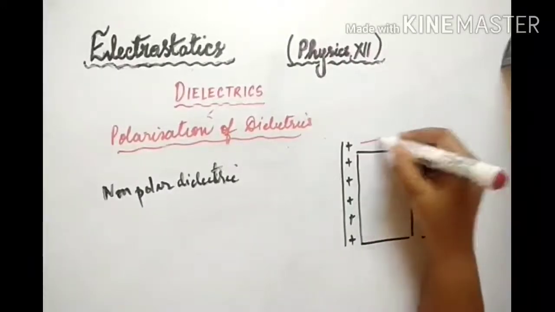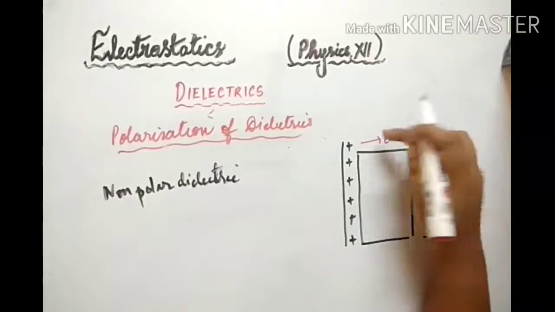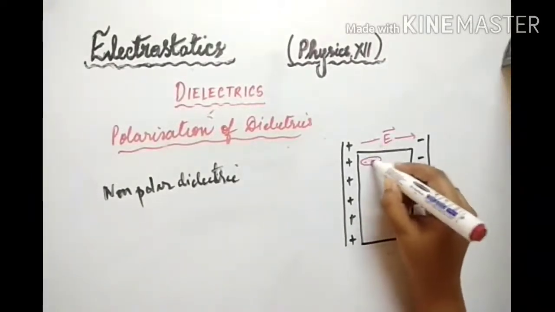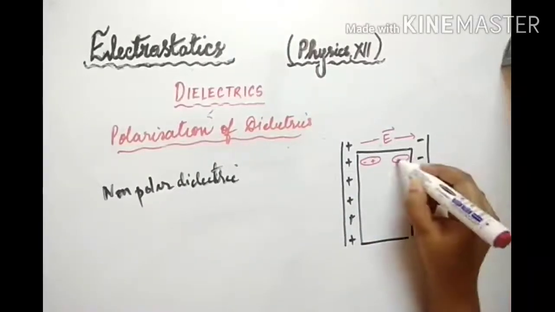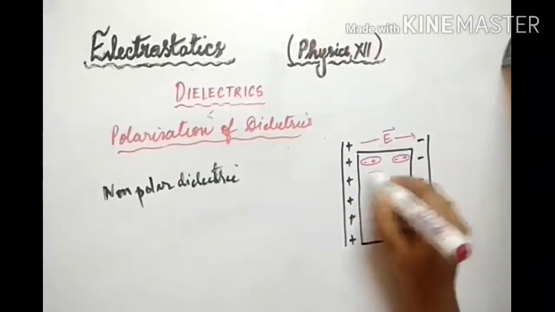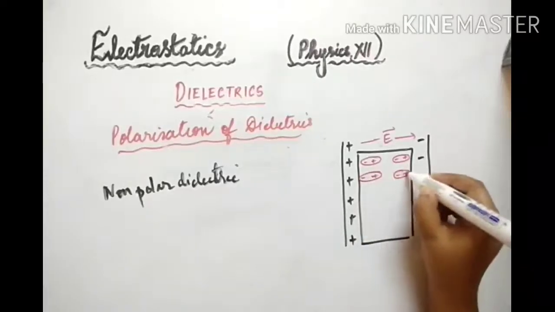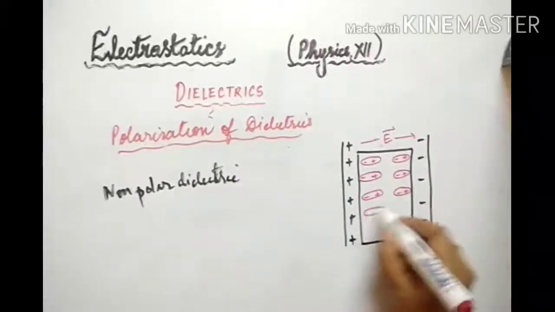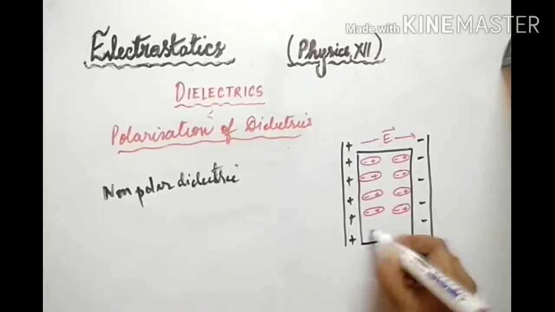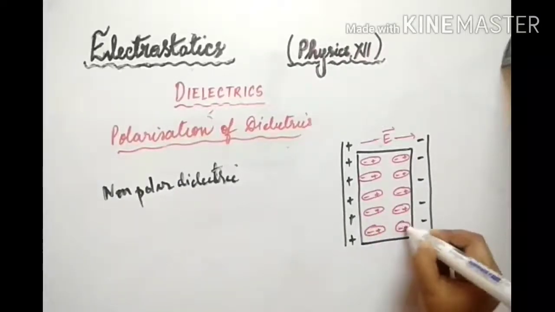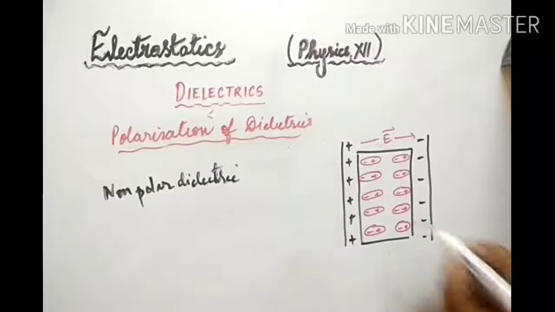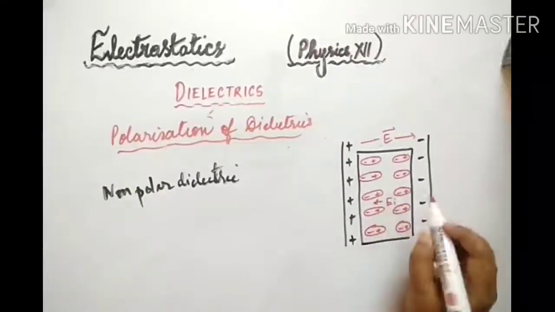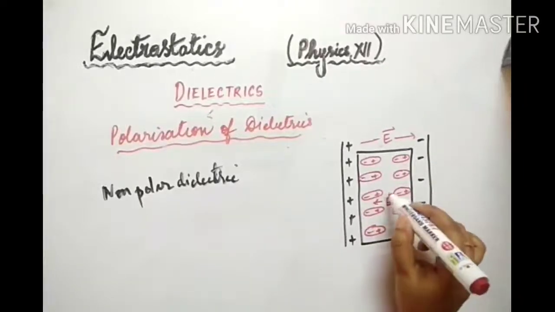And again we take an external electric field. Here also negative, positive, negative, positive, negative, positive. And again an induced dipole moment is formed on this side, from the positive towards the negative side.